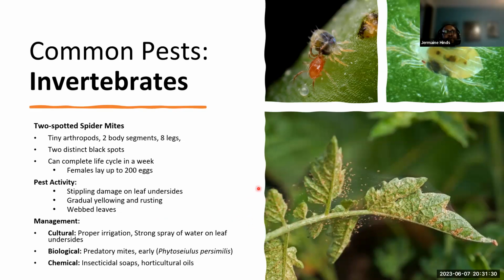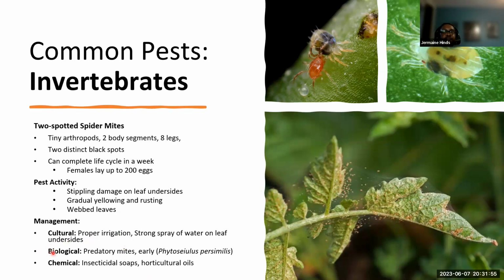As far as management, these pests typically get a foothold when plants are drought stressed. So you want to practice proper irrigation, optimal watering and drainage for your plants. Strong sprays of water can dislodge the mites, typically earlier in the season.